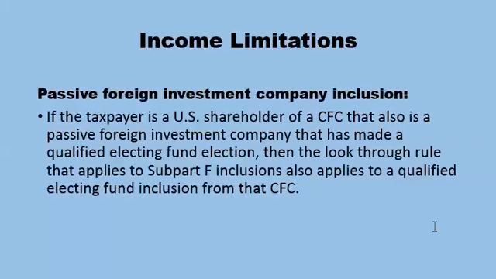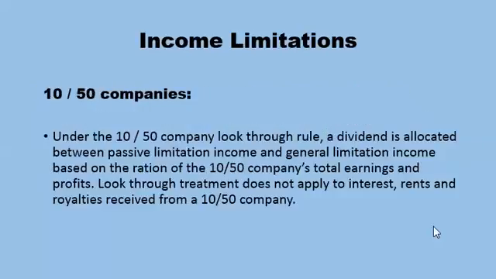Passive foreign investment company inclusion. If the taxpayer is a US shareholder of a CFC that also is a passive foreign investment company that has made a qualified electing fund election, then the look-through rule that applies to Subpart F inclusions also applies to qualified electing fund inclusion from that CFC. 1050 companies.